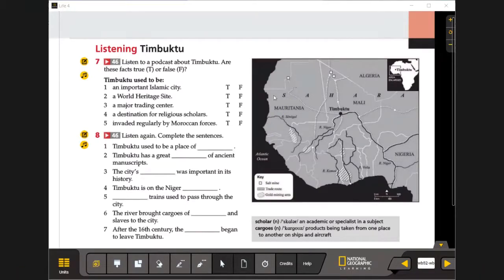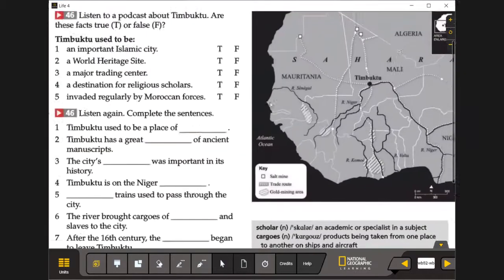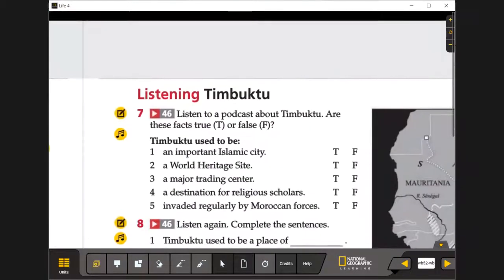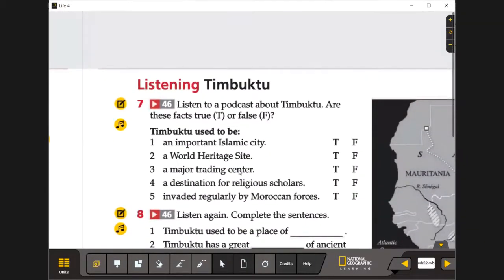No, it does exist. I think it's in Africa. Oh, yes, here is a map. The Sahara, Timbuktu. Well, let us listen to the recording. This is a podcast about Timbuktu, and the way it used to be.